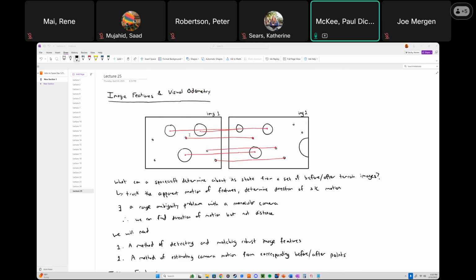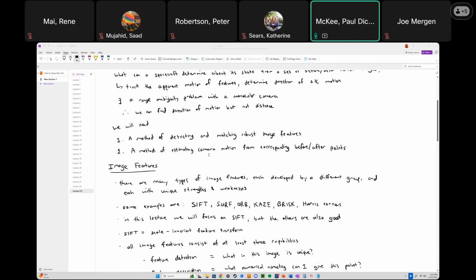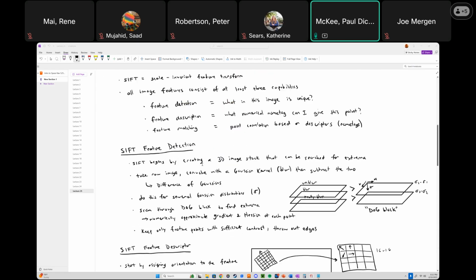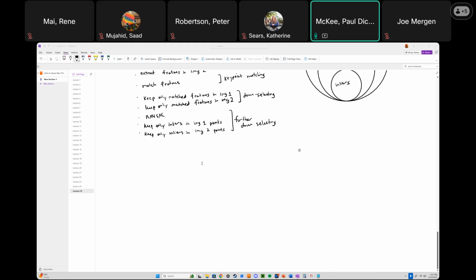But the question is, this photo, image 1, was taken with a camera on board a spacecraft, which was moving, right? And the way it looks like all the features move to the left, but probably what happened was the spacecraft is moving to the right, right? But how much? Like, what is the direction in the camera frame? And then can we determine the change in orientation? What else can we determine? So that's what we're going to talk about next, and that is visual odometry.